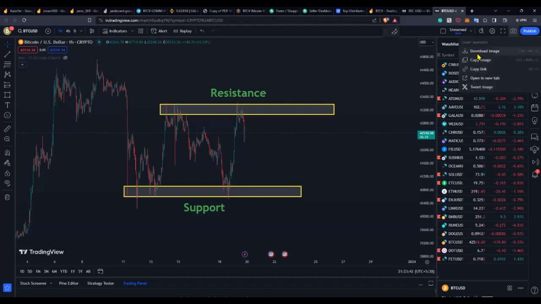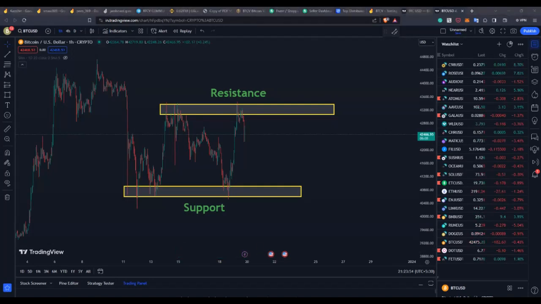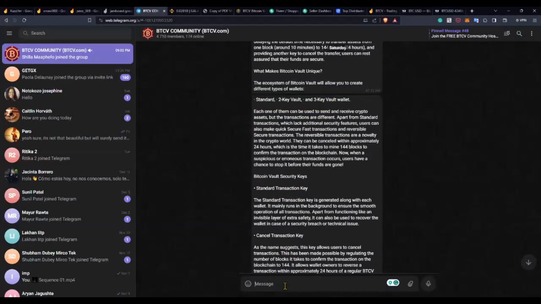Of course, you can also download the image, but the easier one is to copy the link. It says the link to the chart image is copied to clipboard. If I want to send it to everyone in the Zoom chat, I can just send the link. You can all check. And if I want to send it in the group, I can send it like this.